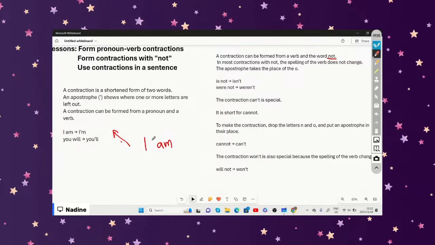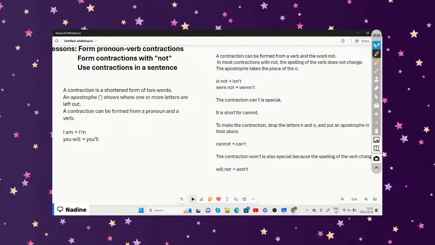So if we form the contraction, then we leave the pronoun and we change the verb, right? So in most contractions with the word not, the verb does not change. And the apostrophe, of course, takes the place of the O. So with the word not, we are going to leave out the O, and in the place of the O, that is where we're going to put the apostrophe.